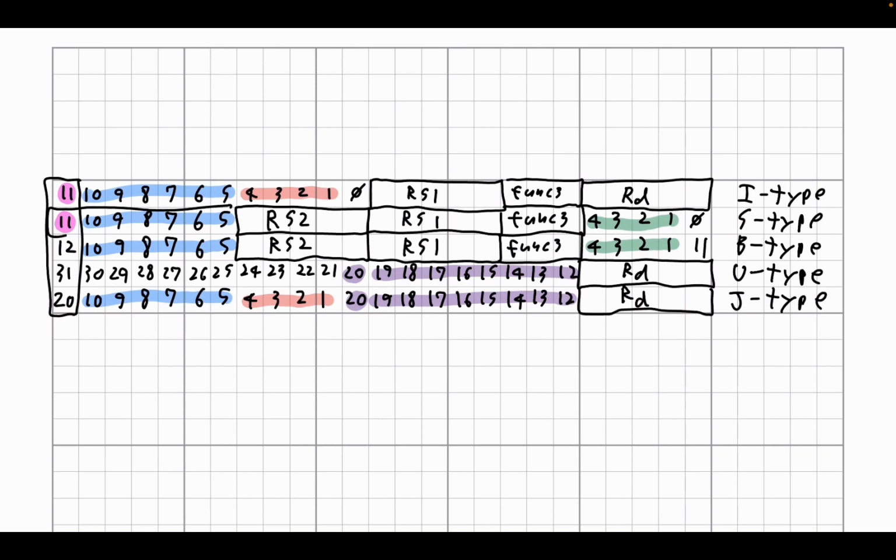And the most significant bit of this number in the S type is again 11. It's different for the B type. The most significant bit there is 12. And for the J type, the most significant bit is 20 because we have a 20-bit immediate. And so every single time, the bit that we sign extend is always in this 31's place.